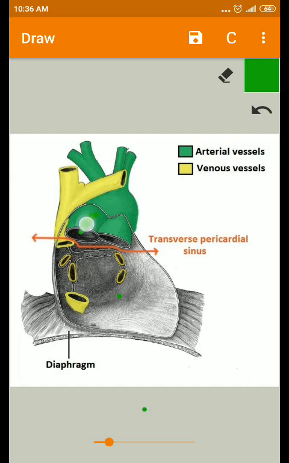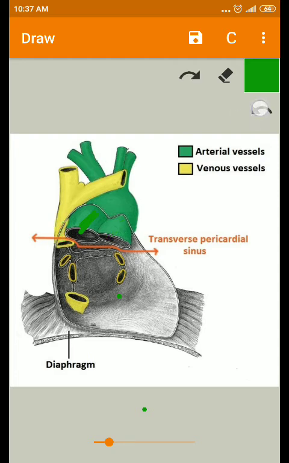This one is the ascending aorta, and this one is the pulmonary trunk, and also the lower half of the superior vena cava, the terminal part of the inferior vena cava, and the terminal parts of the pulmonary veins. These are the contents of the pericardium.